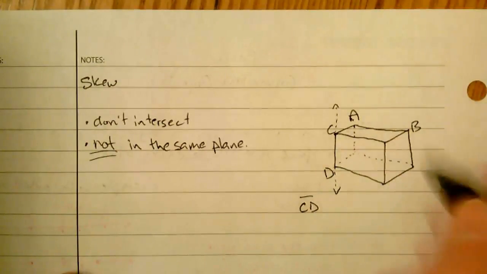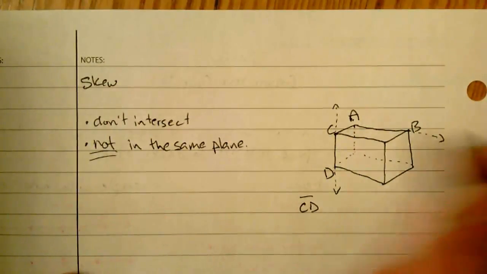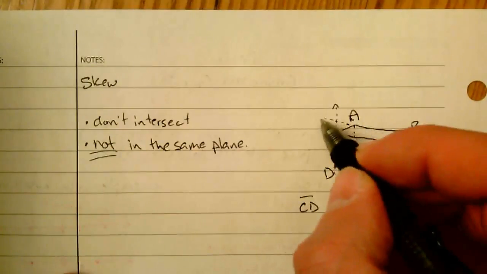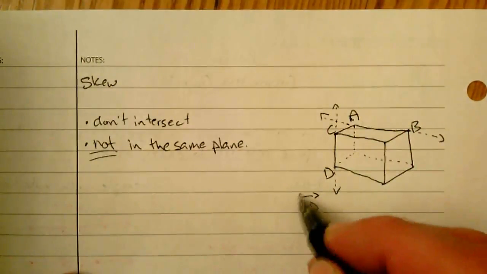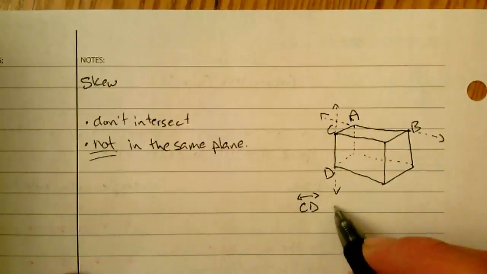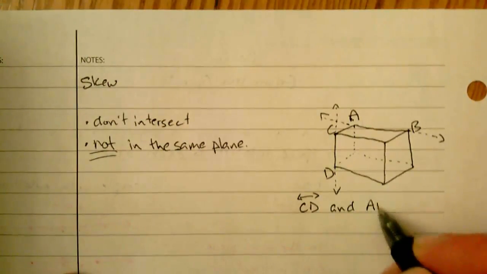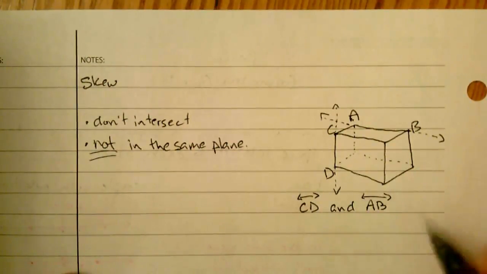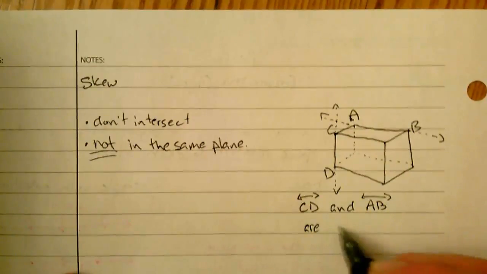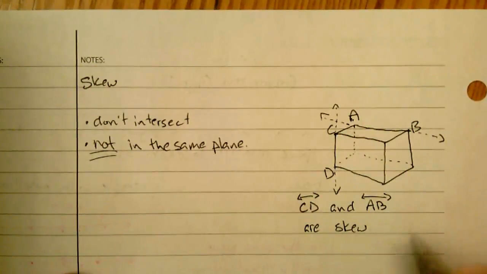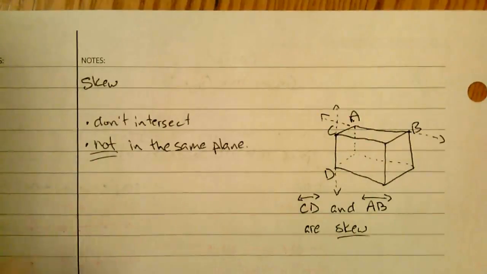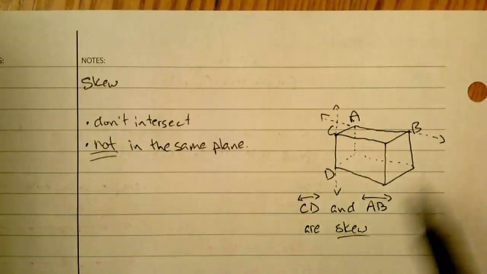So I'll extend these, make them into lines. Okay. Line CD and line AB are skew. Okay. So they don't cross.